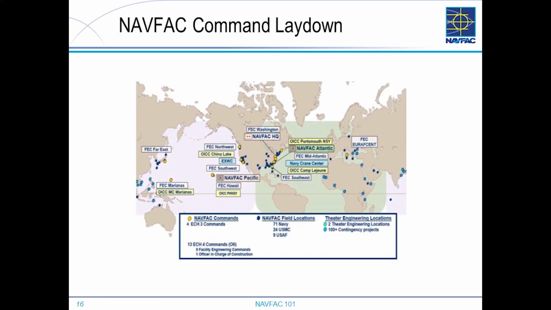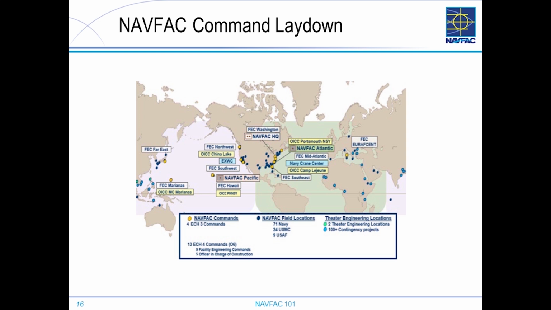One of the diagrams within the CONOPS is this command laydown. And you will see this diagram multiple times within this course. But what this is basically showing is that NAVFAC is truly a worldwide command. We have over 100 public works departments, Marine Corps FIADs, and ROICs, resident officers in charge of construction, worldwide.